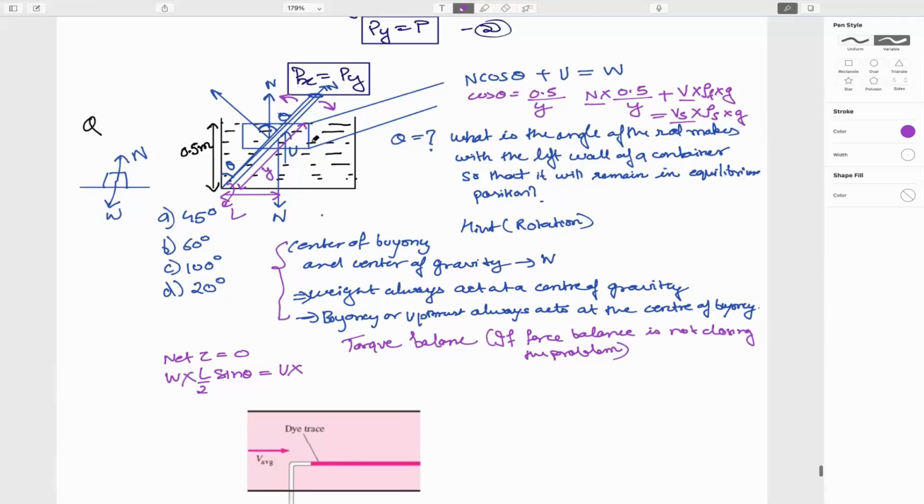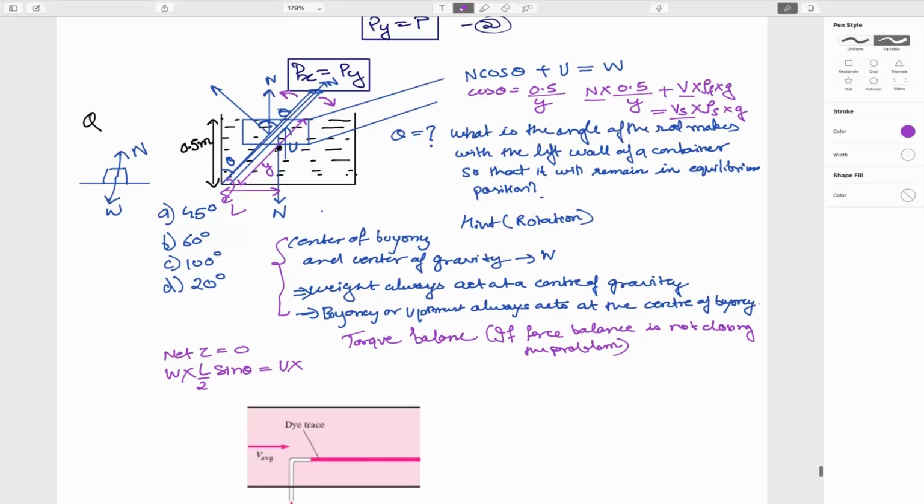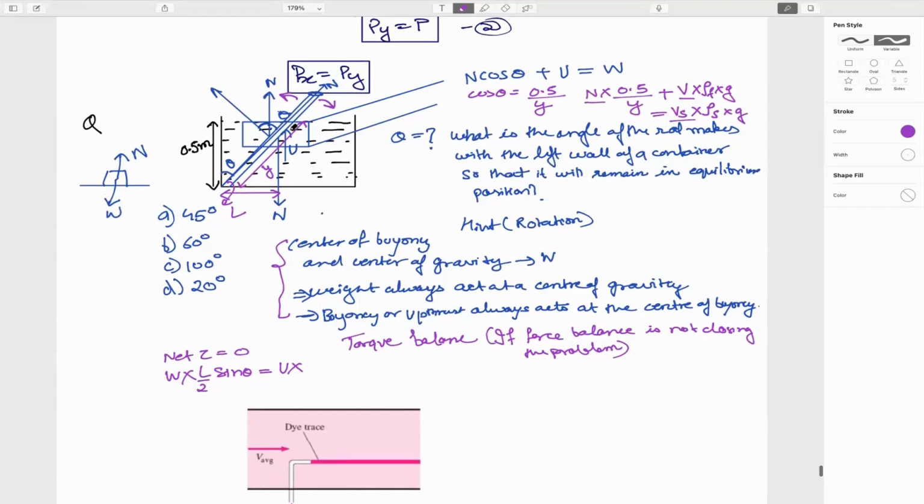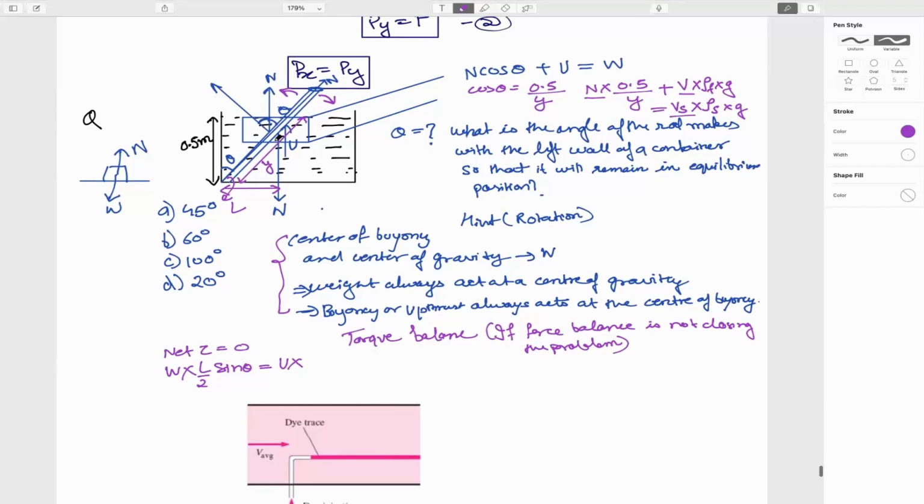Center of buoyancy means the volume of the rod that is immersed in the fluid. This immersed volume is y into area A, and so the center of buoyancy is y by 2.